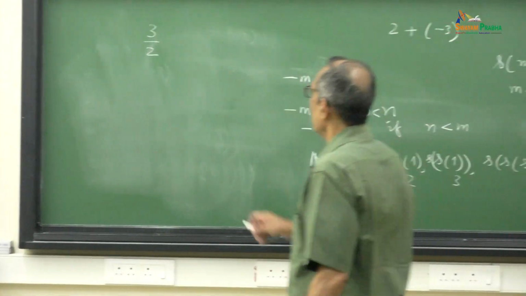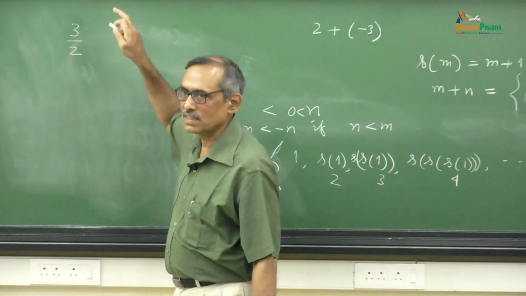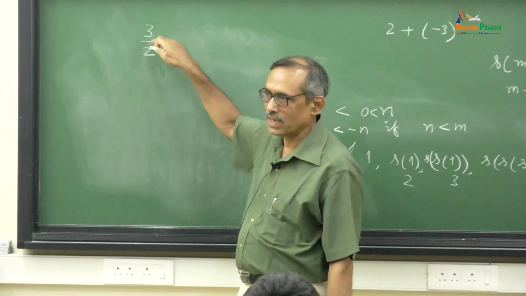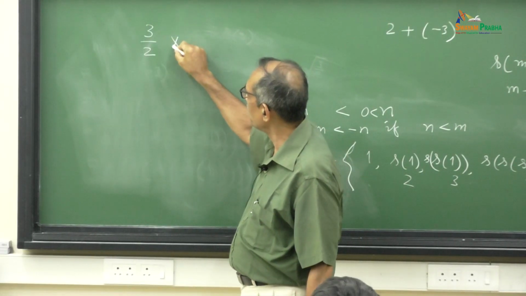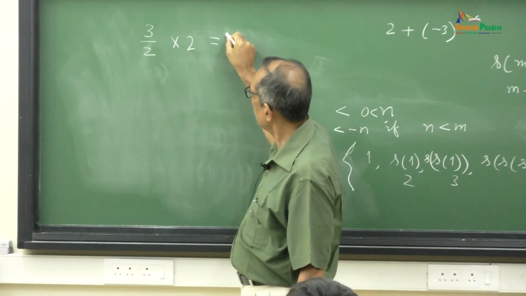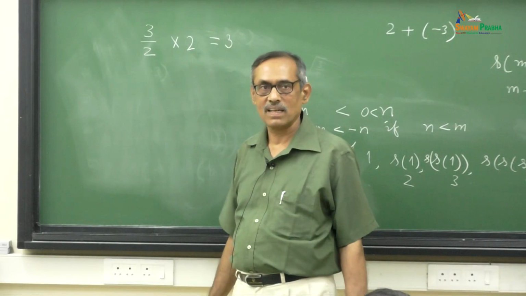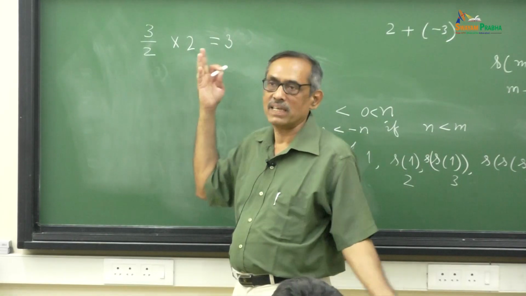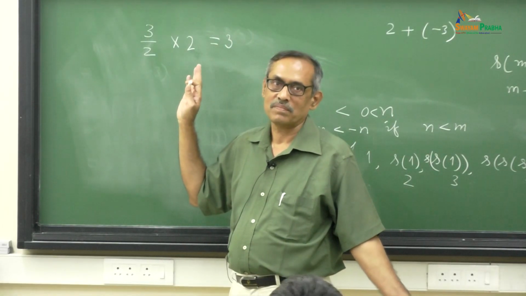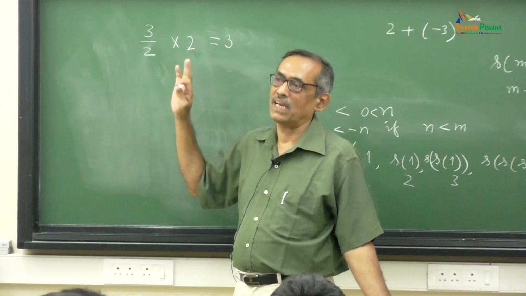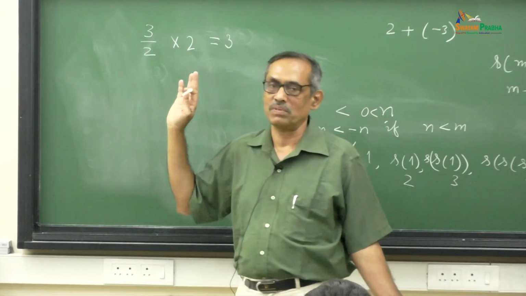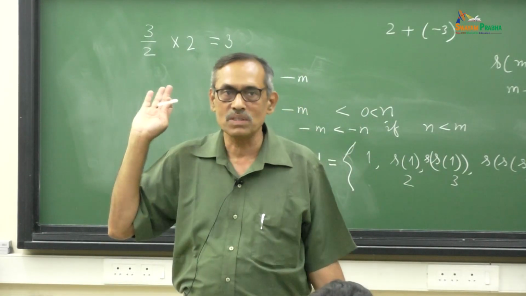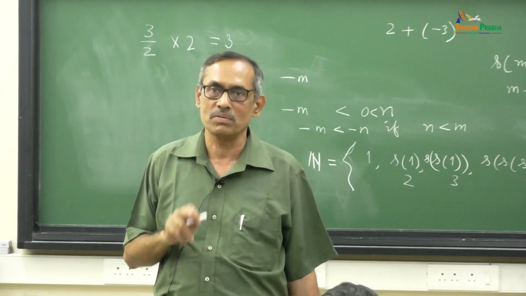We will assume it is a number. It is that number which, when multiplied by 2, gives 3. That is our idea, right? It may not be an integer. We don't know. So we are assuming something extra, because we know there is no integer which, multiplied by 2, will give 3.